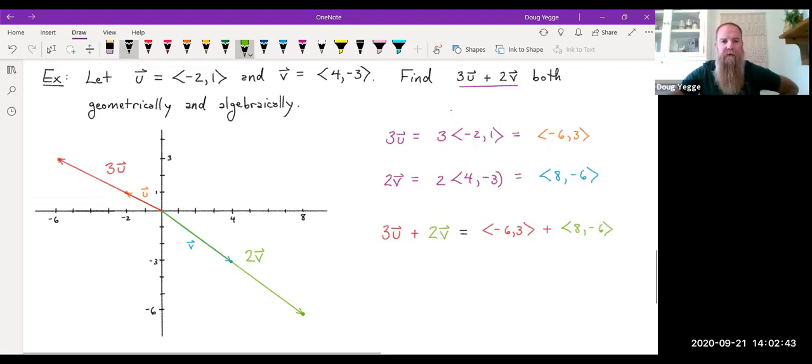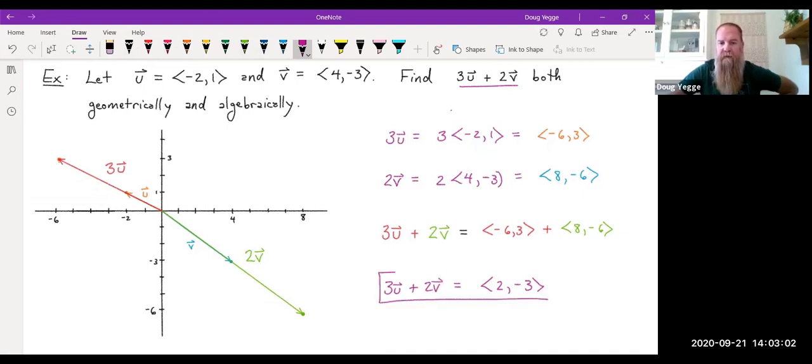And when we add those two results together, we get our final result of <2, -3>. So <2, -3> is the vector 3u plus 2v. So that's how we were able to do it analytically or algebraically.